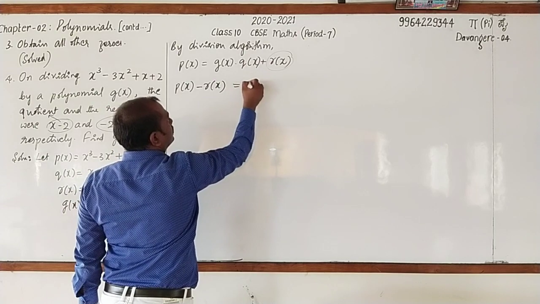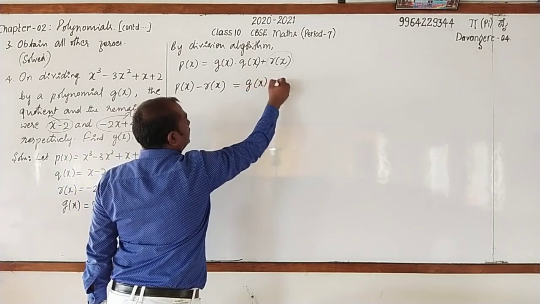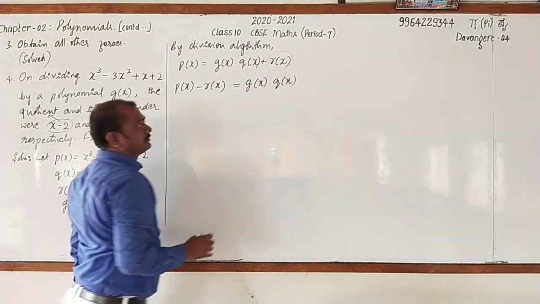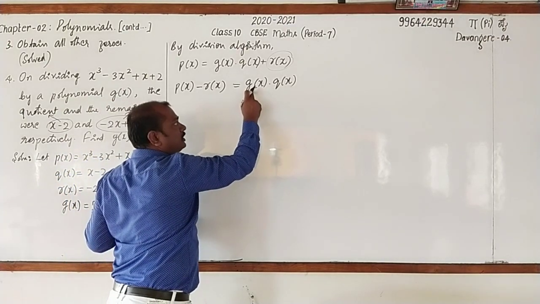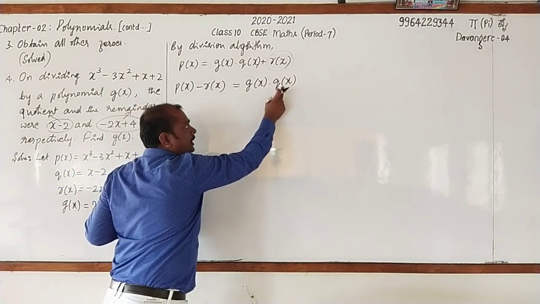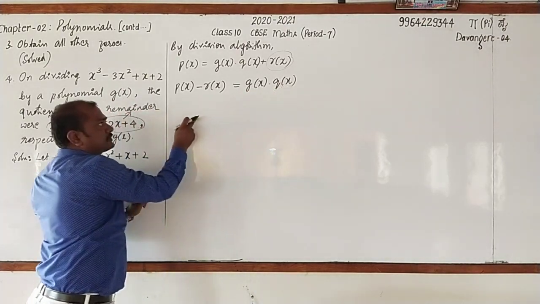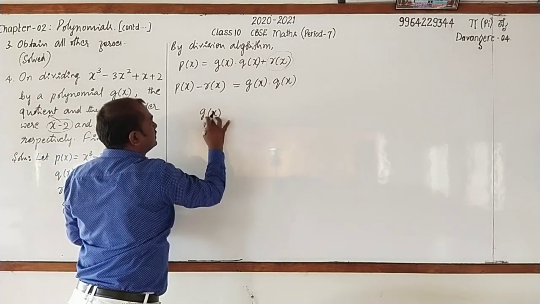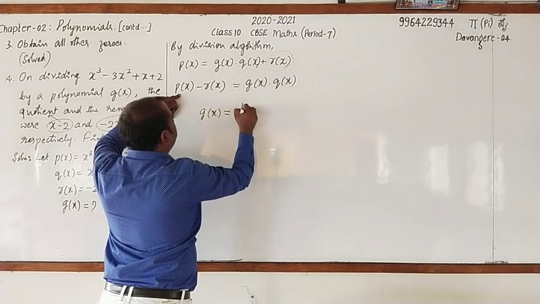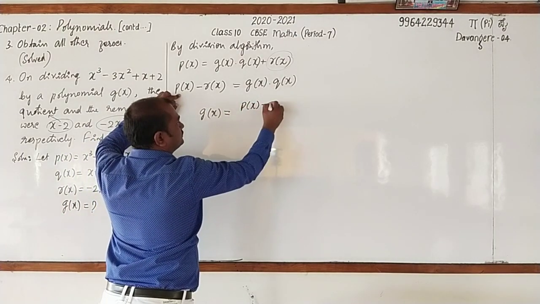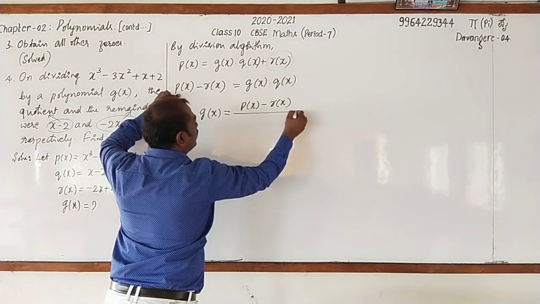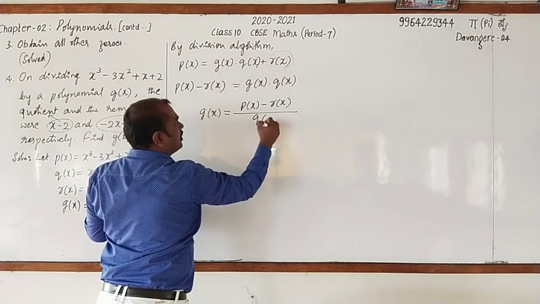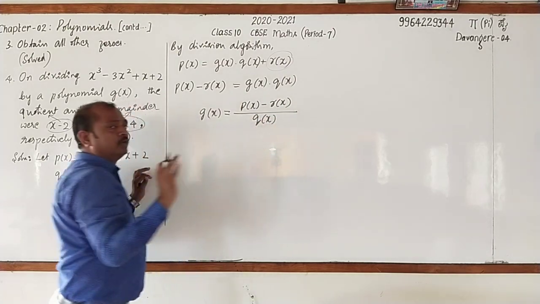It is equal to g of x into q of x as it is. Next, we want g of x, solve it by transposing q of x to the denominator. Therefore, we can write g of x is equal to p of x minus r of x whole divided by q of x. Hope that you have understood.